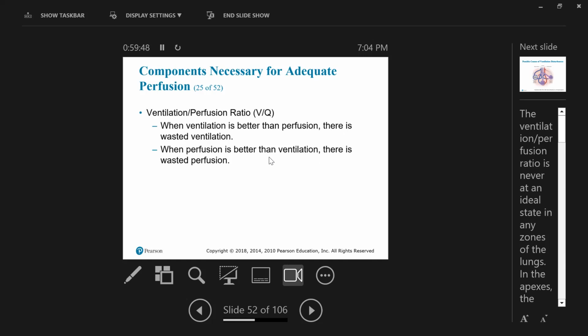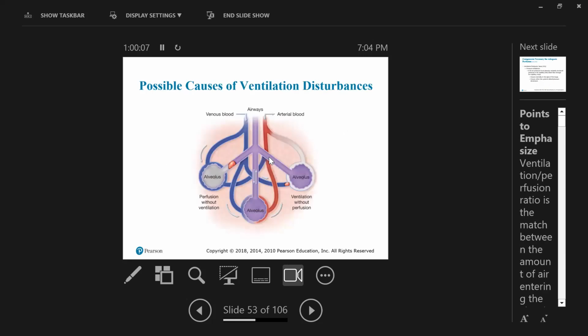So when you breathe too much, you're wasting your ventilations. When perfusion is better than ventilation, there is wasted perfusion. When there's too much oxygen, it's actually transferring itself to where it's supposed to go, then you waste perfusion, which is not bad.